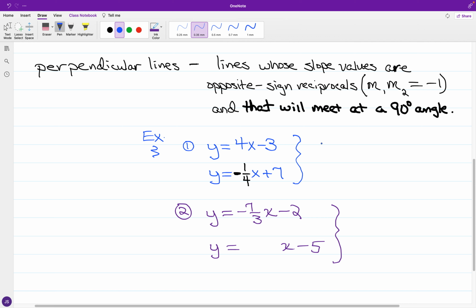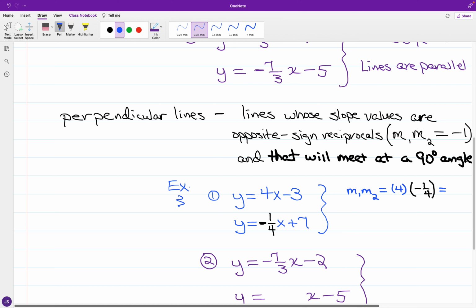Okay, and so you can just take the product of the slope values for each line. The first line has the slope value at 4, and the other line has the slope value at negative 1/4. 4 times negative 1/4.